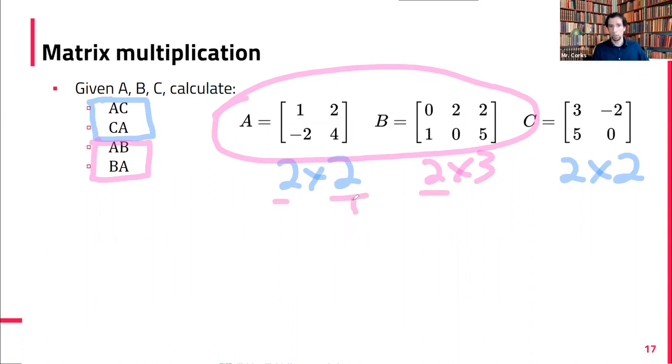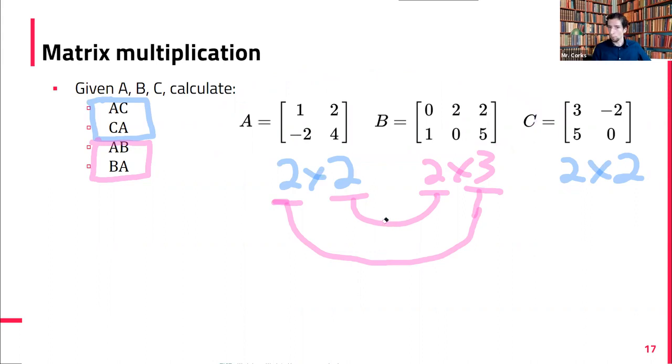So 2 by 2 times 2 by 3: inside numbers were the same, so it was possible, and the outside numbers were telling us the actual size of it. So even if your matrices are different sizes, it can still be possible to do matrix multiplication. So that's the weird property. Matrix addition must be the exact same dimensions, but for matrix multiplication, they can be different sizes. It won't work out every time though, which is what we discovered.